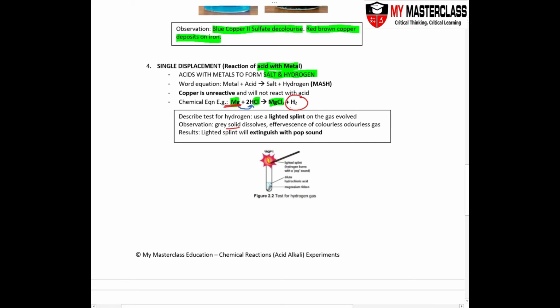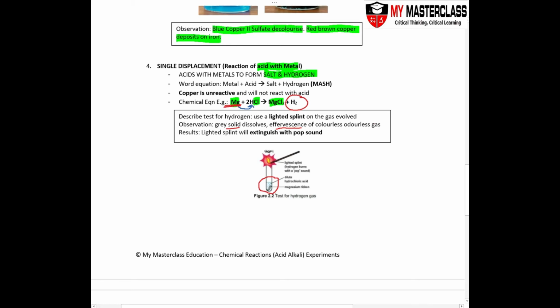And then because of your hydrogen gas formed, you see effervescence, the bubbling of colorless, odorless gas. Repeat, the observation is here when you do the experiment. You see the gray solid dissolve, you see bubbling. So effervescence, what color, what smell, all your words have to be there. If you miss out any point, I don't think you can get the full mark.